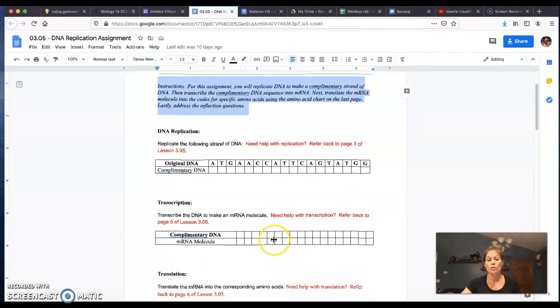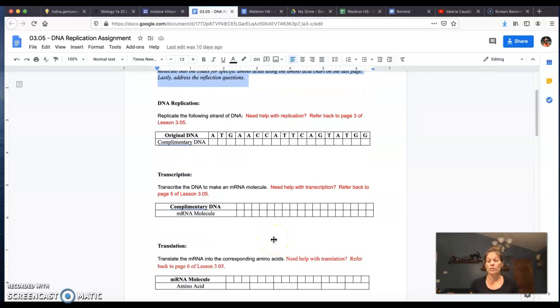Now, the purpose of transcription and translation is protein synthesis. Our cells are constantly making proteins, so DNA is the ultimate instructions to build those proteins.